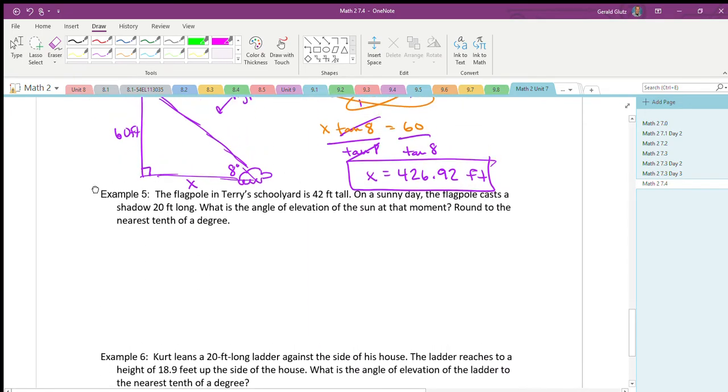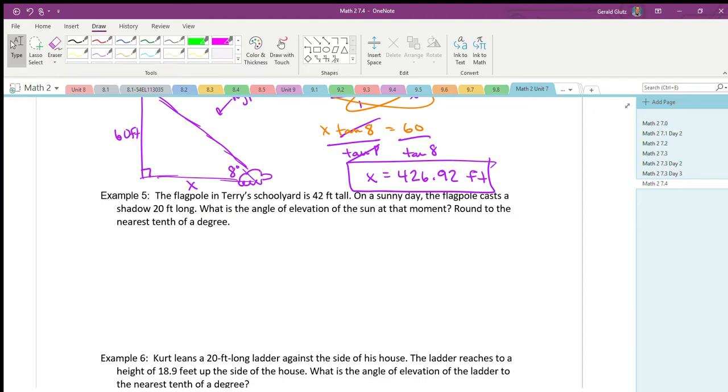In example 5, so a couple more. Got a flagpole. Here's the flagpole. It's 42 feet tall. On a sunny day, the flagpole casts a shadow of 20 feet long. So its shadow goes about that far away, so that's 20 feet.